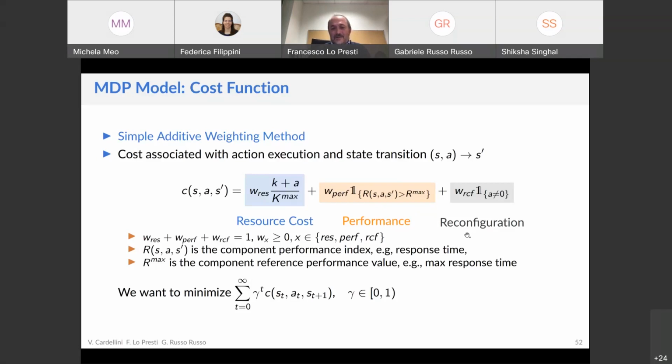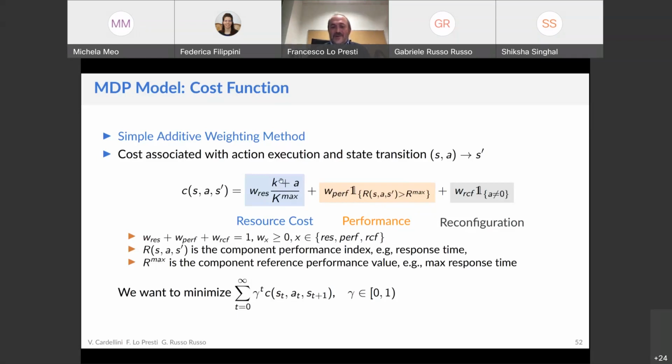Since there are multiple of them, the simple way to deal with them is using the simple additive weighting method, which builds up the cost function as a weighted sum of the different costs. Here we took a very simple approach where each weight is a number between 0 and 1, and they sum to 1. So the maximum of the weight is always 1. And then each component of the cost is itself normalized between 0 and 1.